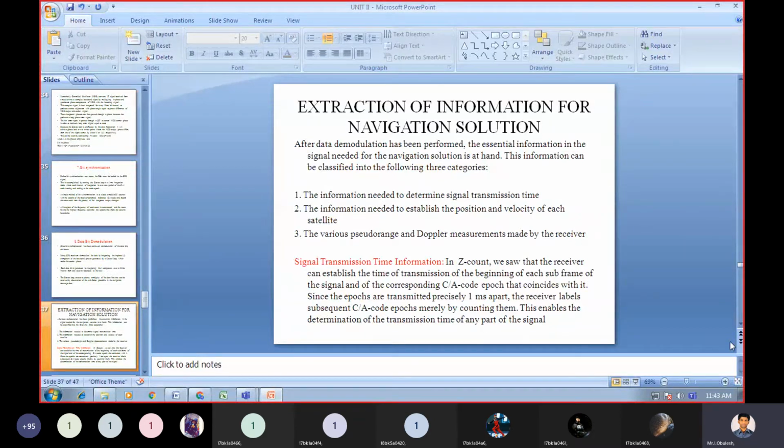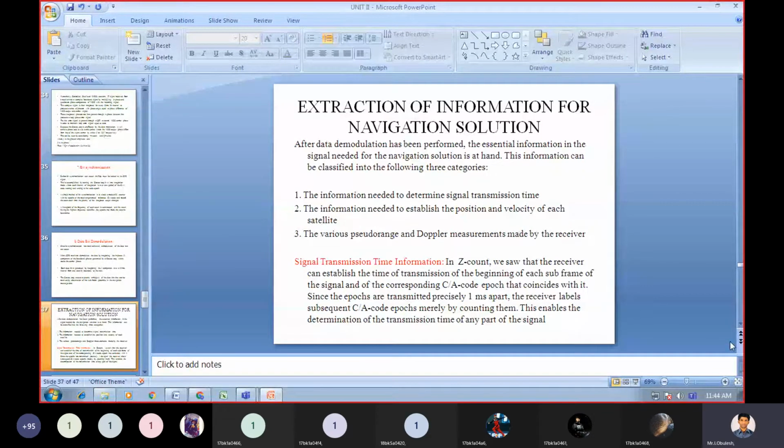First is the information needed to determine the signal transmission time. The second category is the information needed to establish the position and velocity of each satellite. And the third is the various pseudo range and Doppler measurements made by the receiver.